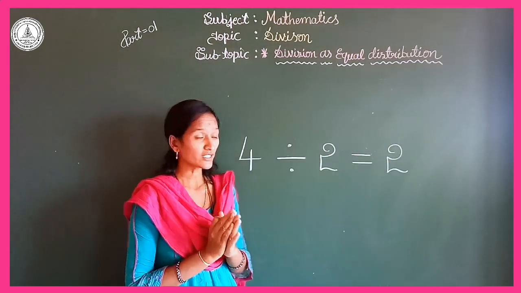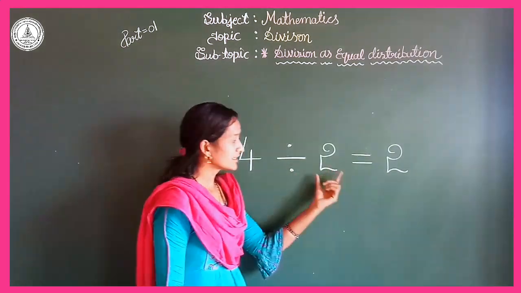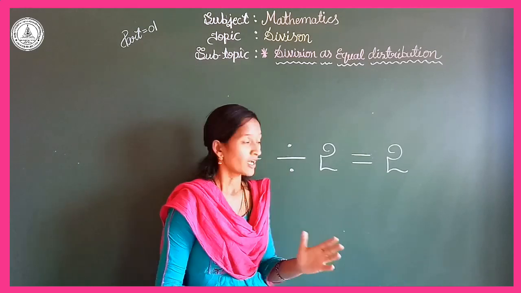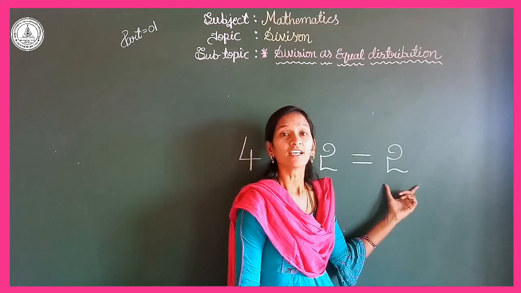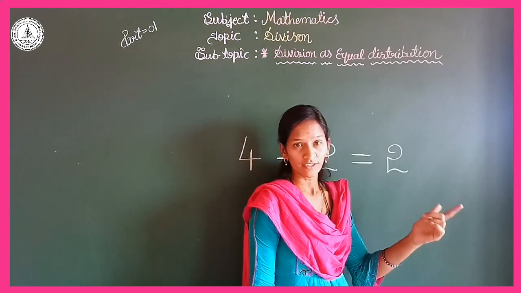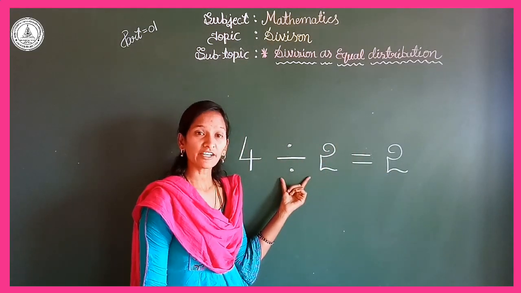See, students, this is the total number of flowers, this 2 indicates the total number of students, and the last, the second 2, indicates the number of flowers each child got, right? And this is the symbol of division, divided by.